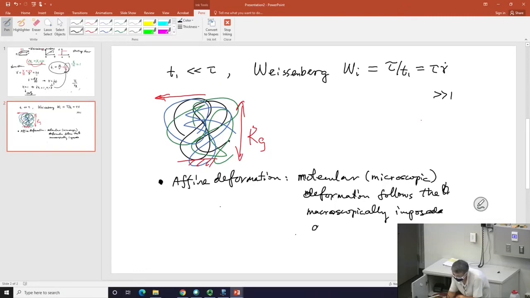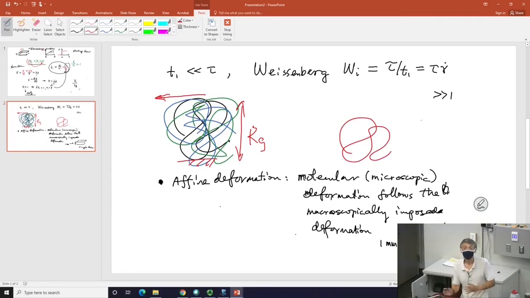Deformation that occurs on microscopic scales. So if you have a piece of sample that you're shearing, simple shear, on microscopic scales, just for your information, this height is typically on the order of 1 millimeter. That's microscopic. Then we claim, or we define, affine deformation. When affine deformation holds, it means that we can visualize that this chain is also suffering the same shear deformation.